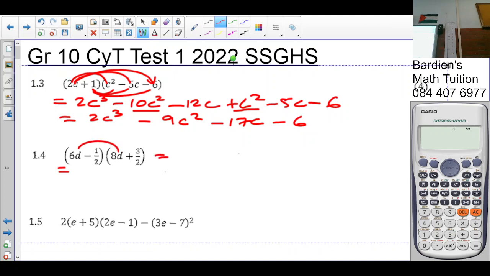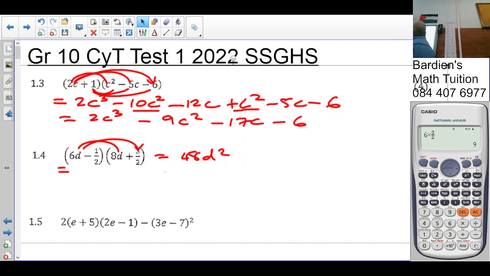6d times 8d is 48d squared. 6d times 3 over 2. If we don't know how to do that, no problem, we apply a calculator. 6 multiplied by 3 over 2 is 9. So it's going to be 9d. Negative a half times 8 is negative 4d.